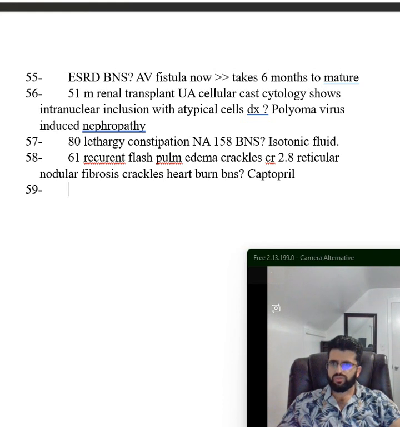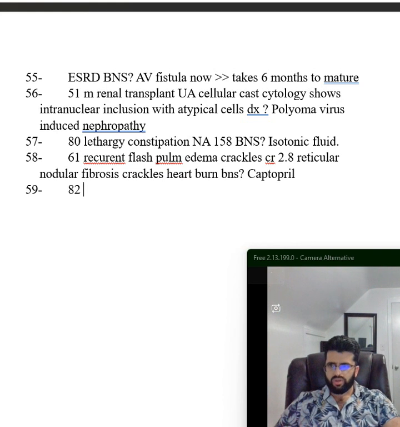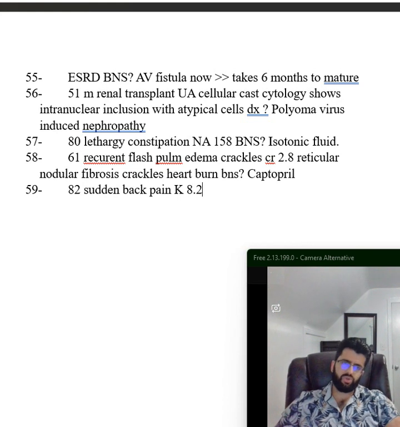Now, you see this patient's 82, with sudden back pain. You do regular labs, you check the potassium level, and you see it's 8.2, so it's a high potassium level. There's a compression fracture. So what's the best next step? Anytime they ask you to repeat a test, you just give it some thought.